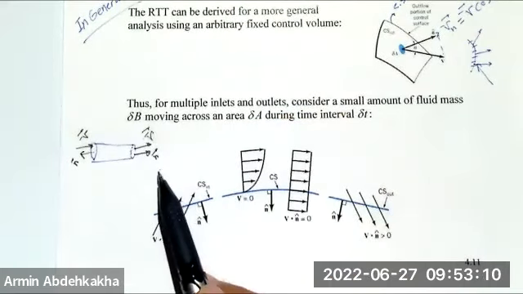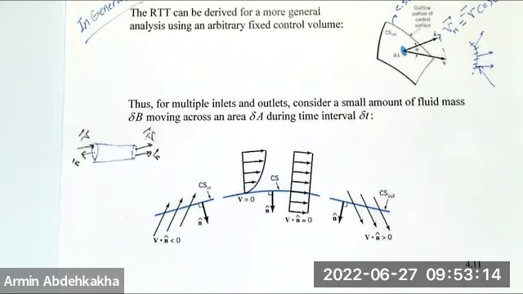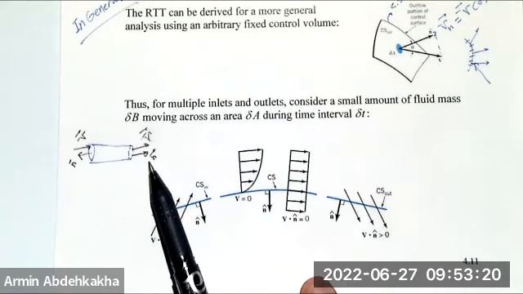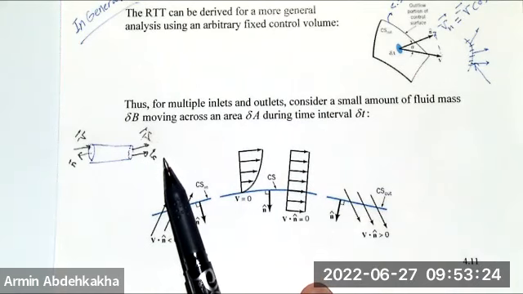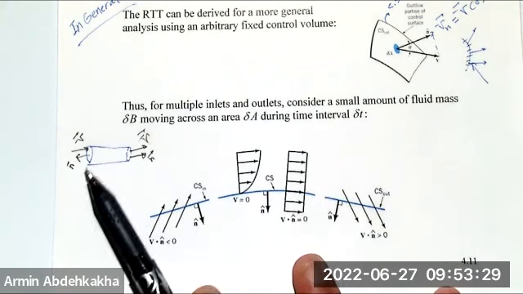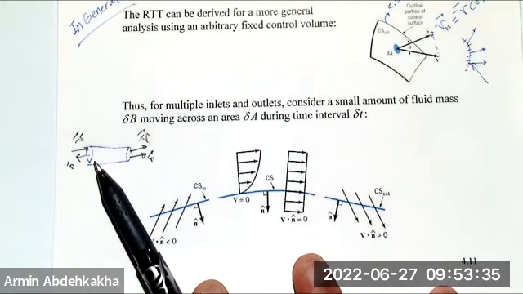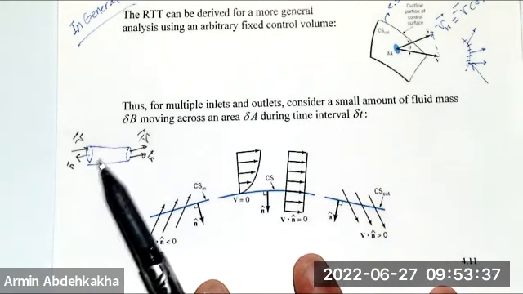The V dot N: at the outlet, V and N are parallel. No worry about the theta. Theta here is 0, and the cosine of theta is 1. So V dot N is going to be V. But at the inlet opening, the angle is 180 degrees, or pi. Then the cosine of pi is -1, right?